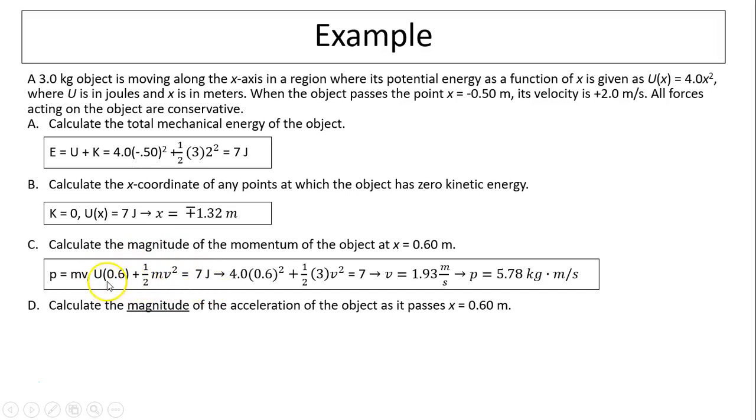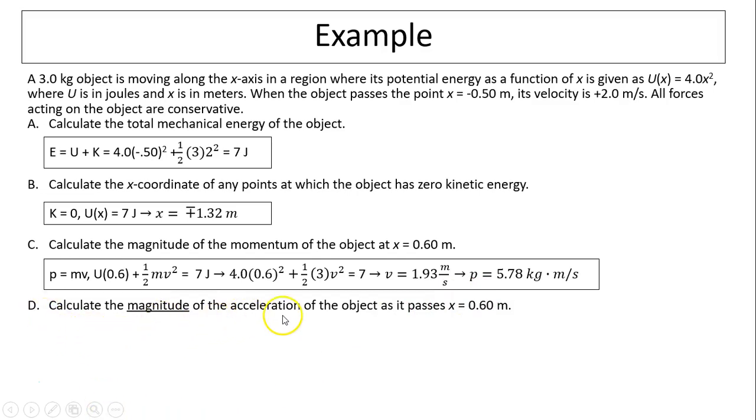So we simply substitute this expression with the known quantity: 4 times 0.6 squared plus 1/2 m times v squared equals 7. We solve for v. Then we substitute this v into p equals mv to find p. So the momentum equals 5.78 kilogram meters per second. Again, I'm using 3 sig figs.